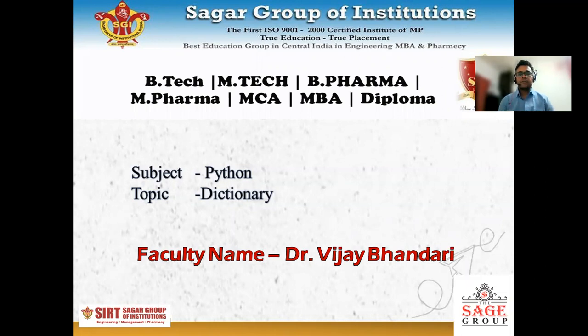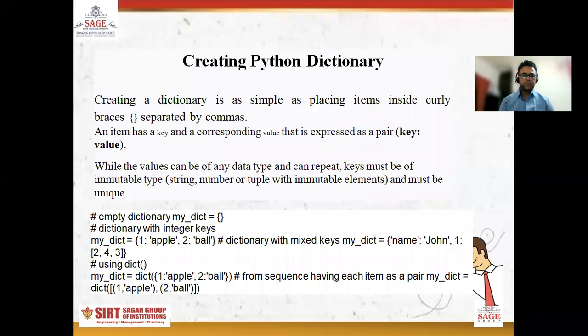So let's discuss today's Python dictionary. What is a Python dictionary? How do we create a dictionary in Python? First I will tell you about data types. I have discussed with you in previous lectures what the data types are.